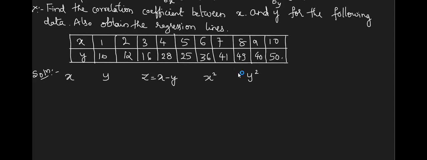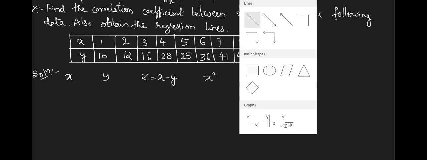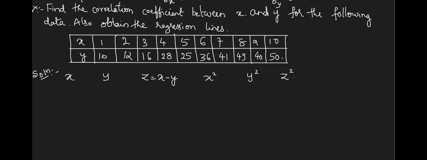I want y square. Similarly, I want z square. So for this type of problem where both are asked, you prepare a table containing how many columns? 6: x, y, z, x square, y square, z square. If you remember, you can easily prepare the tabular form. Just start preparing the table.